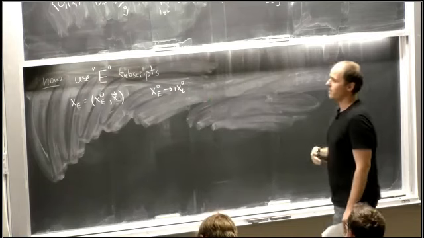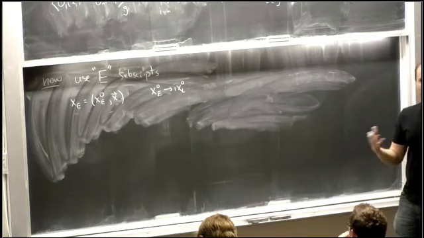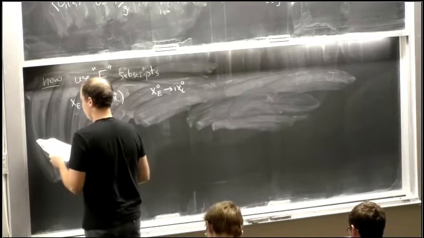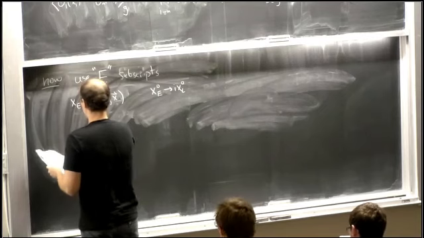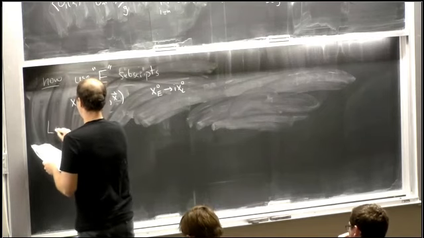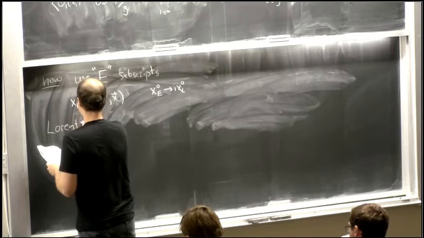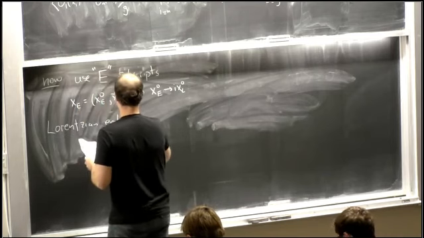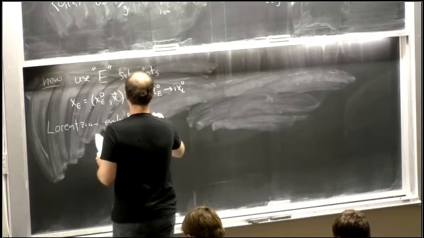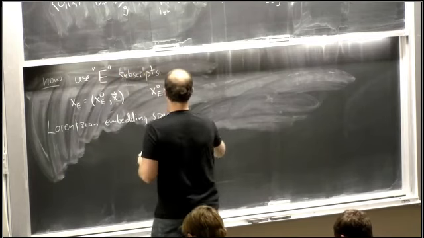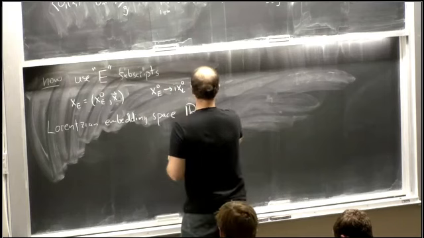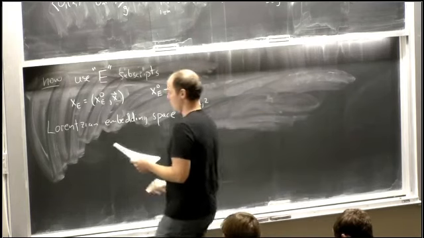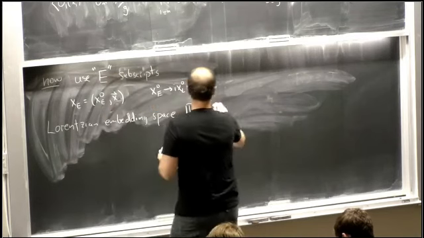Then we're going to end up in a Lorentzian embedding space on an analog of the Poincare section in the Lorentzian embedding space. So we're going to define the Lorentzian embedding space to be R^{D,2}. And we'll define coordinates.